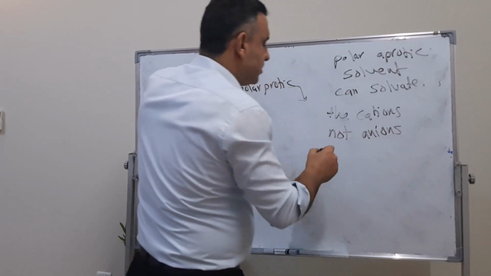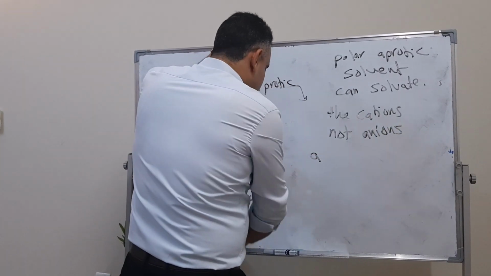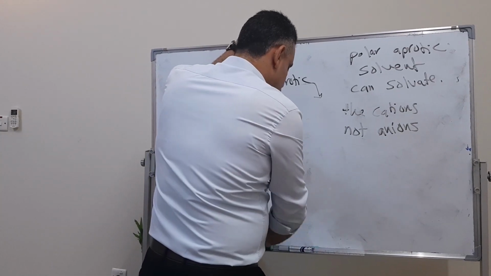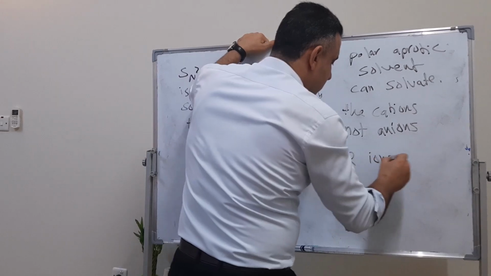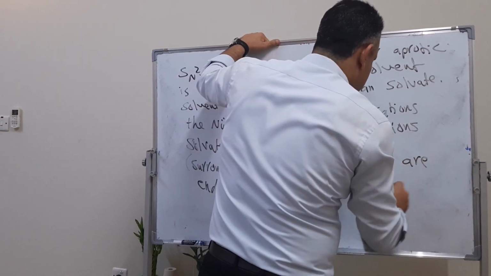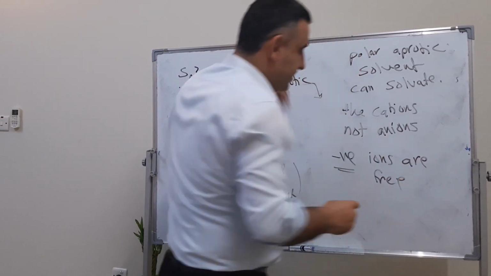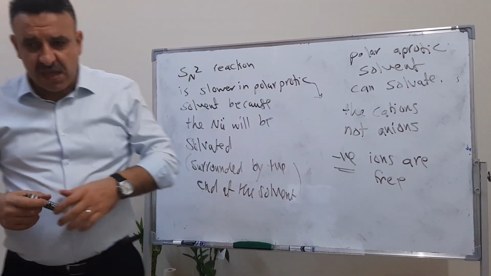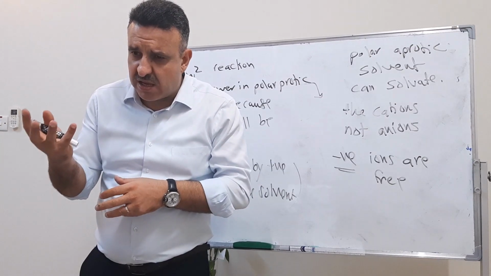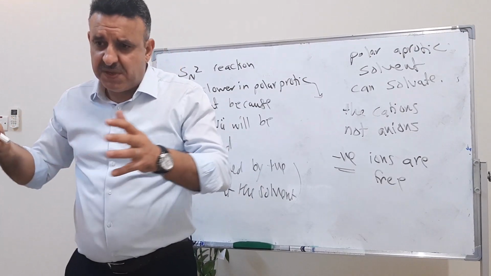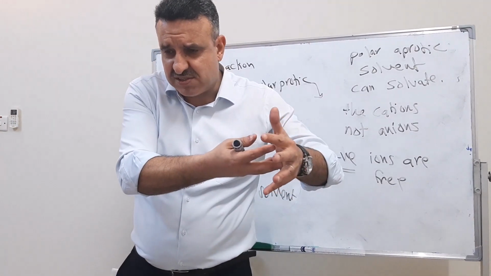In other words, the negative ions are not surrounded, they are free. As you can see here, in any nucleophilic substitution reaction in SN2, we need the nucleophile to be free, to be able to reach the reaction center.